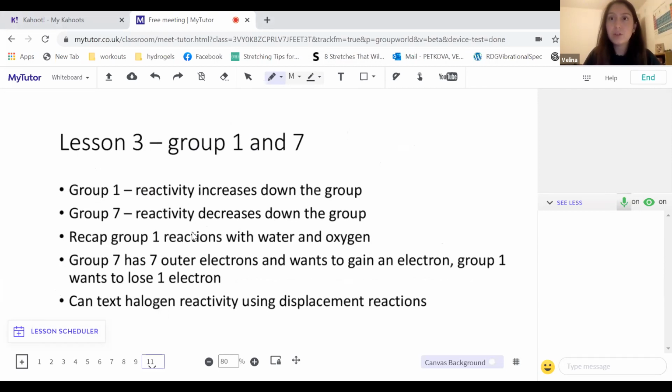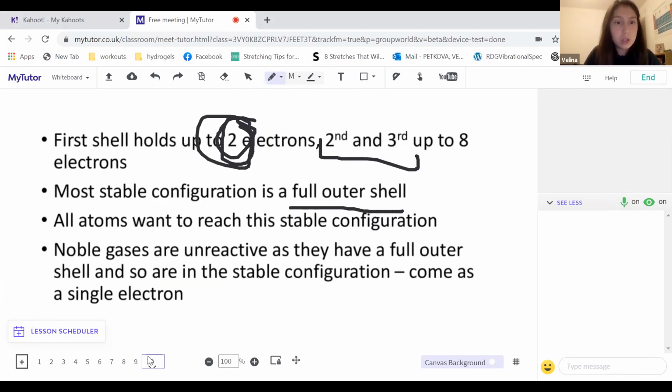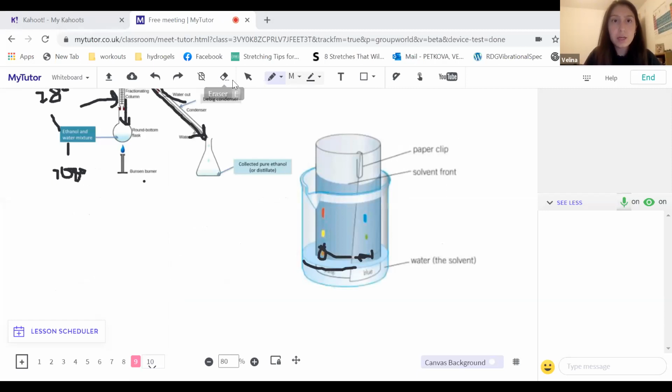Okay, I've actually got 2 questions. Why does the solvent have to be below the pencil line? Great question. The way paper chromatography works is that the water travels up the paper and dissolves the substance as it moves up the paper, and carries it up.